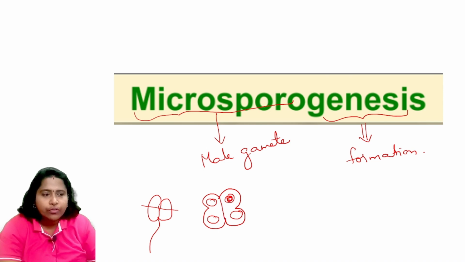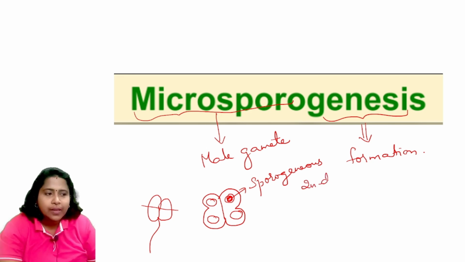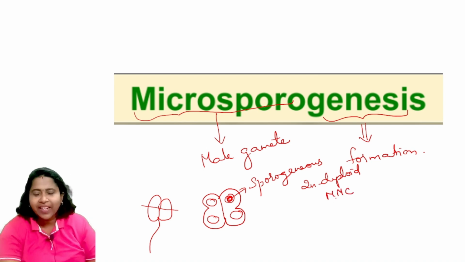Inside we have a lot of sporogenous tissue. It is diploid, 2n in number, and is also called the microspore mother cell. This is what we explained last class, along with the structure of the microsporangium.